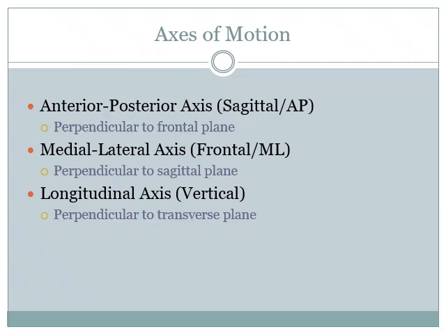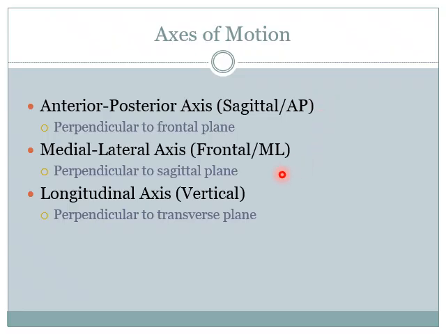Here's something to remember to make this real easy. Remember, movement always moves through a plane. If a movement moves through the frontal plane, it always rotates around the anterior posterior, or sagittal, axis. In other words, these concepts are paired.